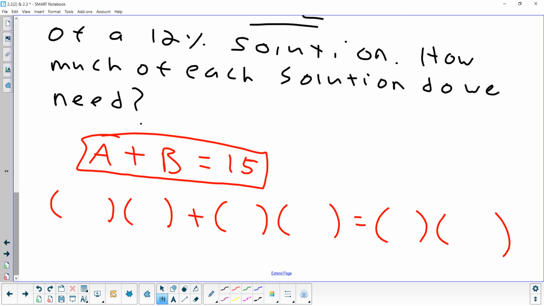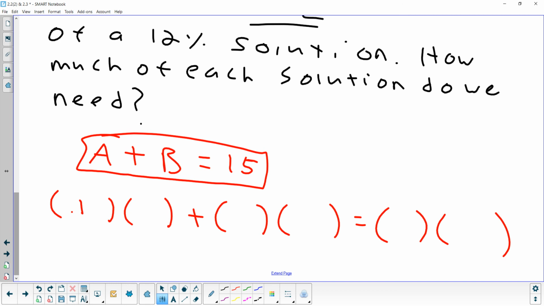Piper, what's my concentration for the first solution? 10%. And how would you write that as a decimal? 0.1. Good. So 0.1 times, and Tiana, how much of that solution are we going to use? 12%.